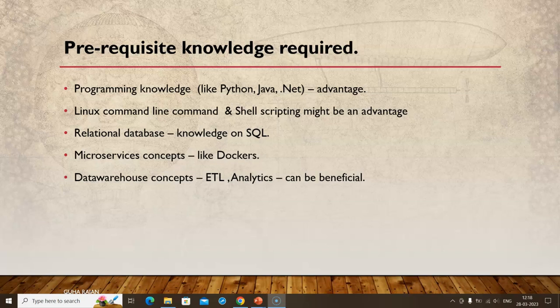But no doubt, no one can be well versed unless you have had years of experience. You might not be well versed in all of them, but if you ask me which 2 to 3 can be picked, I would suggest the top 3. Programming knowledge, Linux command line commands.